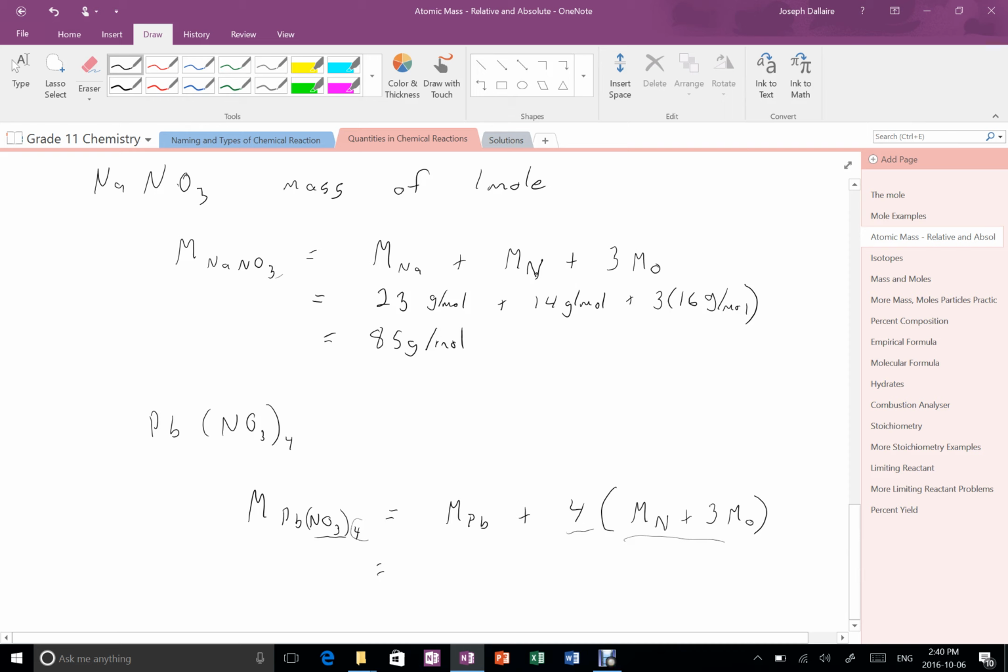What is it? 207.2 grams per mole. Plus 4 times nitrogen, which is 14, and in brackets here 3 times 16 for the oxygens. Following the order of operations and being careful, you're going to get 455.2 grams per mole.